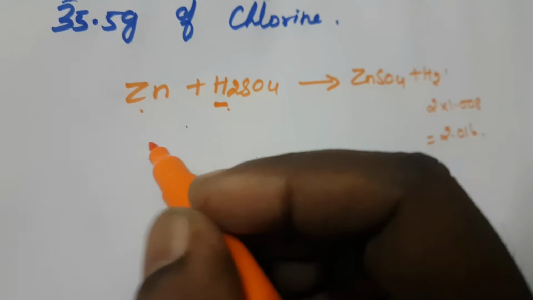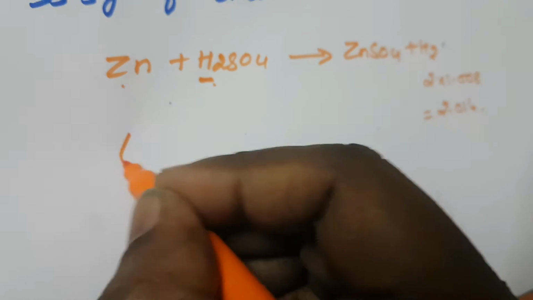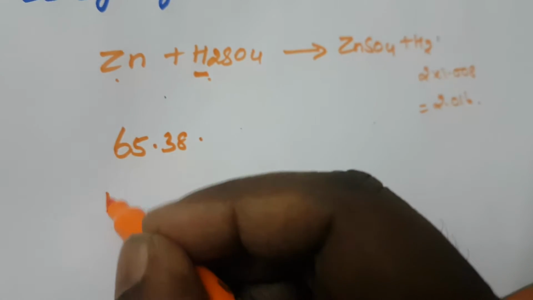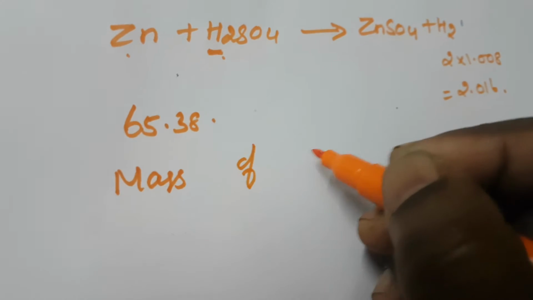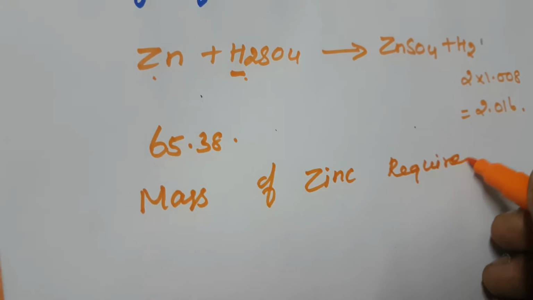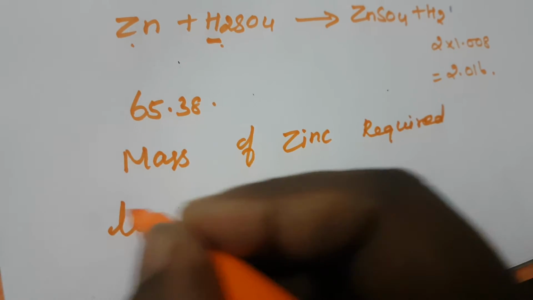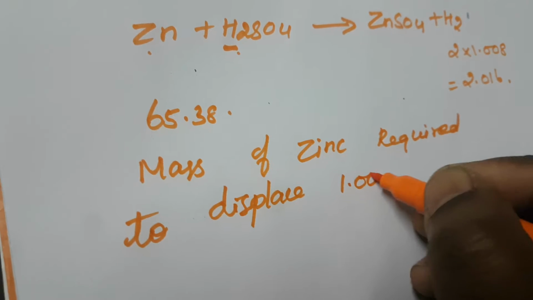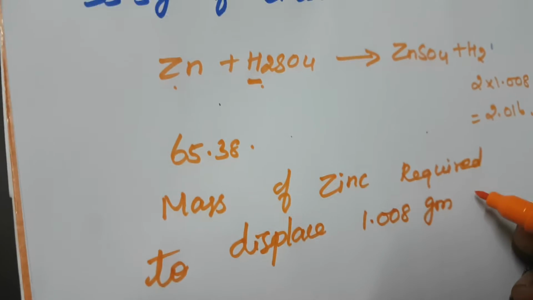But what is the mass of zinc? The atomic mass of zinc is 65.38. So how to calculate the mass of zinc required to displace 1.008 gram of hydrogen?